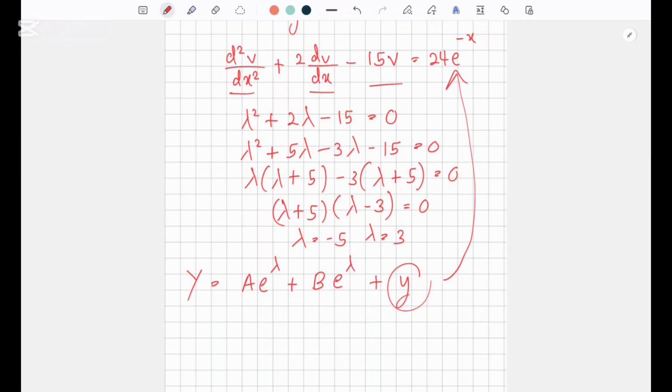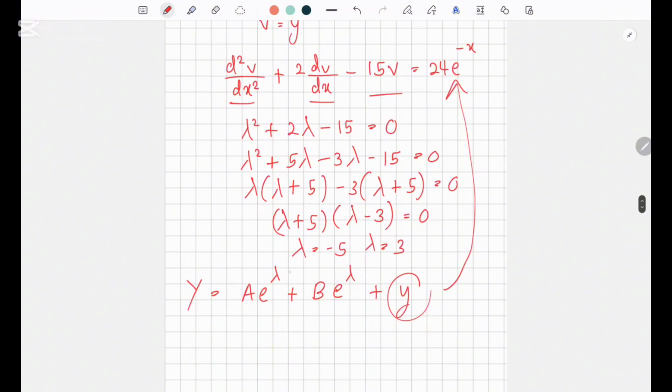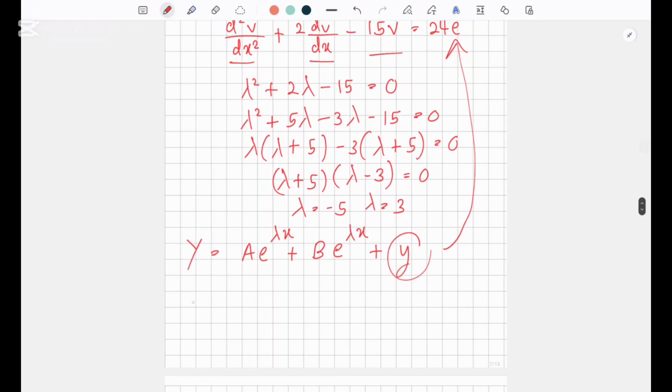I'm sorry, it should be x, in this case. I forgot putting that. So then your solution is going to look like this: a e to the power minus 5x plus b e to the power 3x plus y.